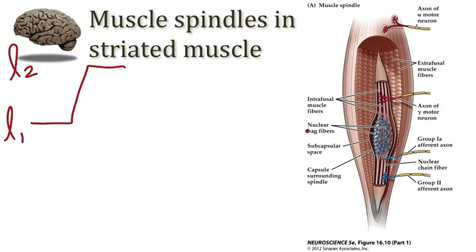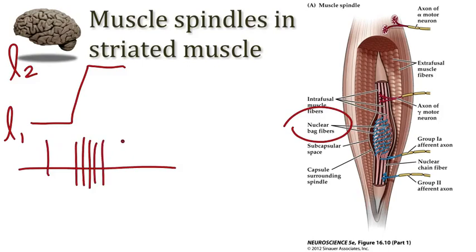If we were to look at the nuclear bag fibers, what we would find is that the axons that supply those intrafusal muscle fibers will fire a bunch of action potentials, especially during the change in length. They won't be quite so modulated as we maintain a more stretched length.